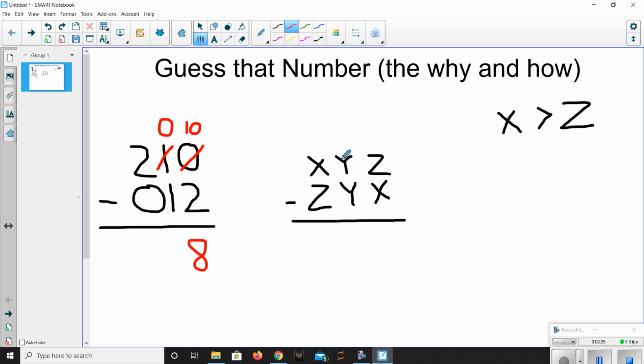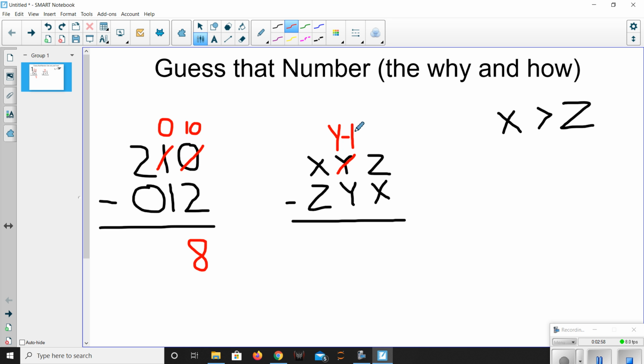Now if we were to go over to our representation, our XYZ and ZYX, we would do the same thing. Since we know that Z is less than X, or X is greater than Z, we know we can't do Z subtract X. So again, all it is is the regrouping that we've already done over here, and we know how to do this. So this Y in the tens place is actually Y minus 1 ten.